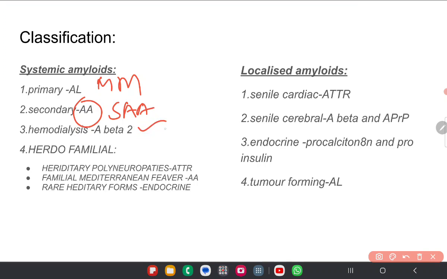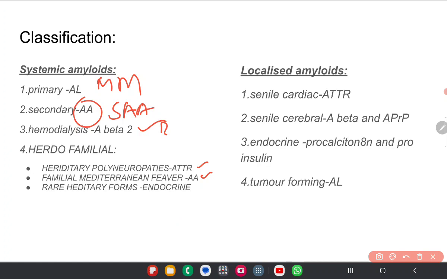Hemodialysis-associated is A beta 2 in patients on kidney dialysis machines, as well as heredofamilial. Here you should be clear about hereditary polyneuropathy, TTR, a rare hereditary form, and endocrine mediated, which may involve calcitonin or parathormone. Then localized amyloidosis.